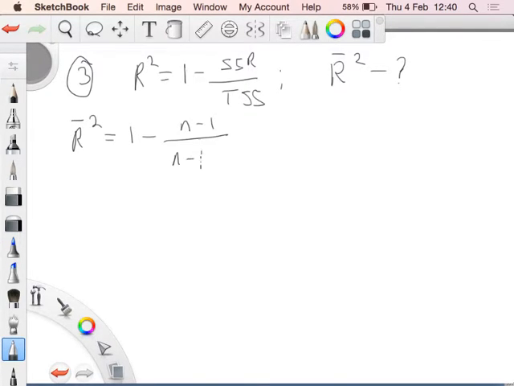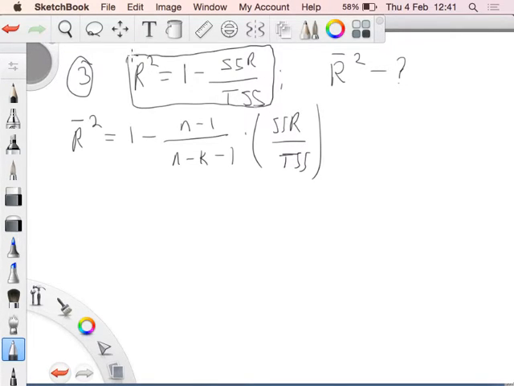The only difference between R squared and adjusted R squared is this part. Where do we get SSR and TSS? We don't have them, do we? But we have two formulas, so we can solve this one for SSR and TSS and plug that into here. So SSR over TSS is this.